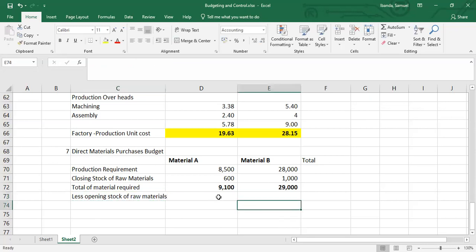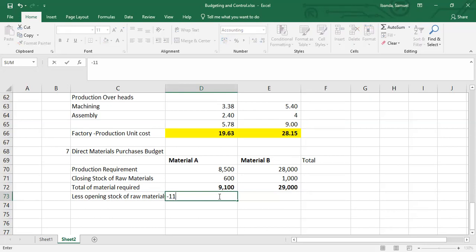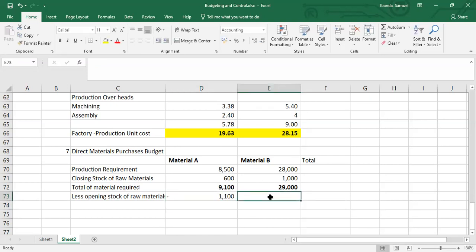For the opening stock, if you look at the same part, Roman numeral 2, it gives you 1,100 as the opening stock for material A, and then 6,000 for material B.